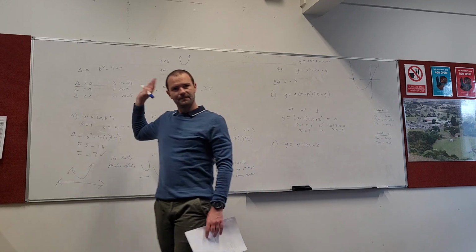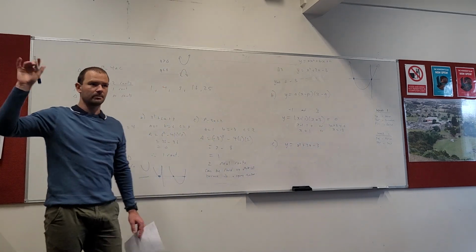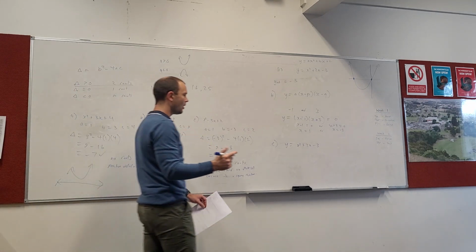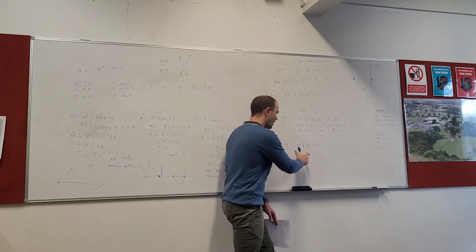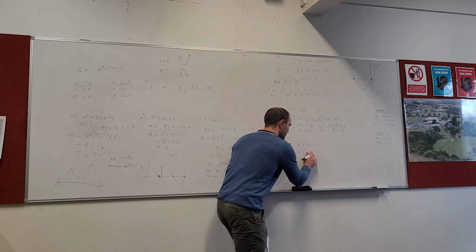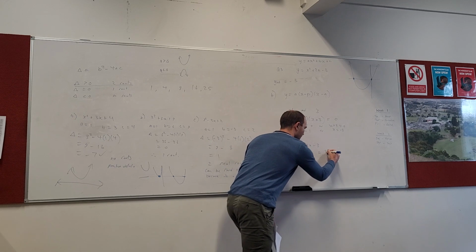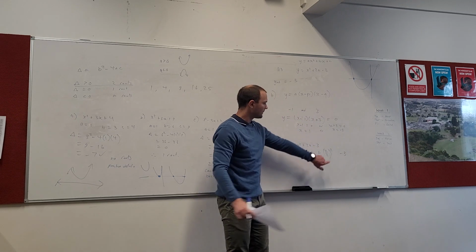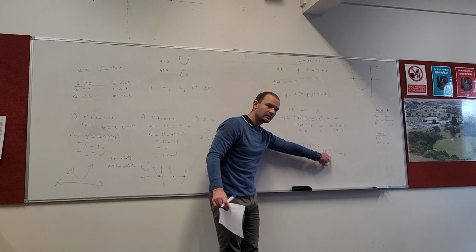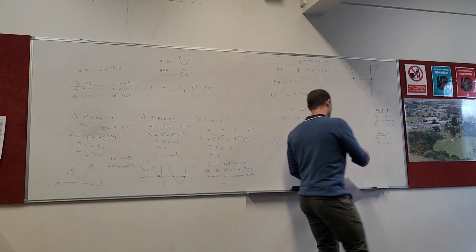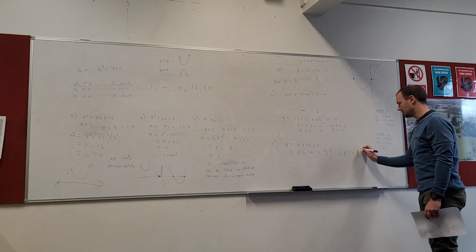Now, when we did solving via completing the square, we added b on 2 squared to both sides. Now, while you can do that here, my preferred method is we're going to first add b divided by 2 squared. But because we've added it, in order to maintain equality, we need to subtract it.